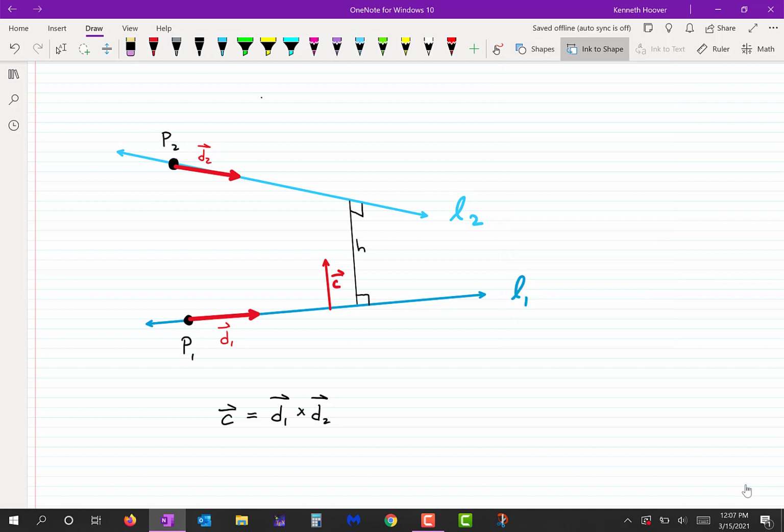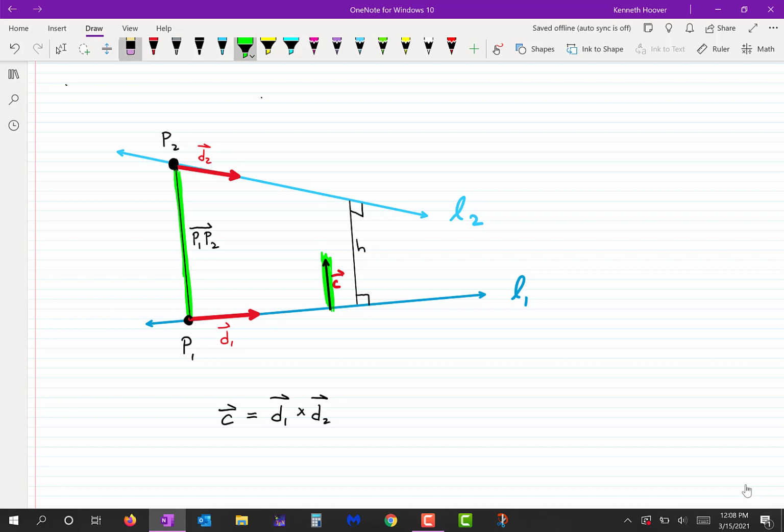What we do is we take the vector from P1 to P2, and then we find the projection of that vector onto this vector, and whatever the length of that projection is, that's what H will be.